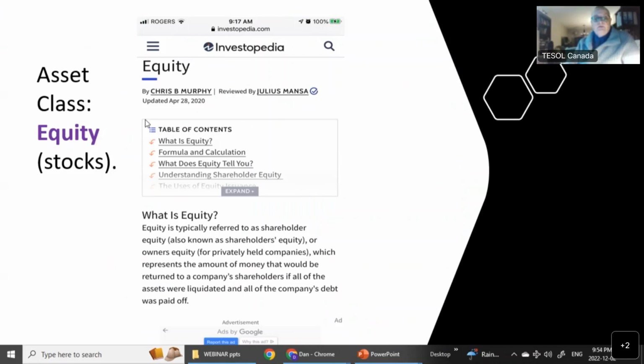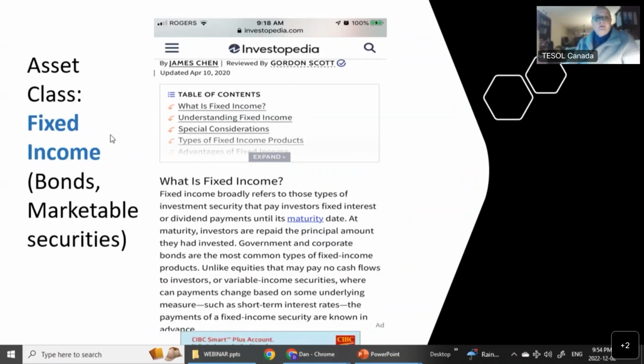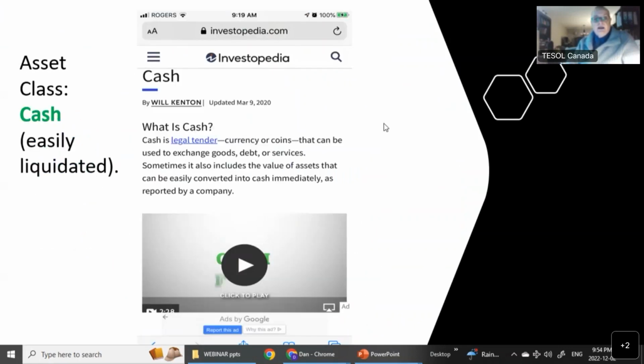When we talk about different asset classes, one is equity. Equity means ownership. It could be stock ownership, or if you own a home, the equity in your home, what you own, is an equity investment. Fixed income is bonds and other marketable securities. The third asset class is cash.